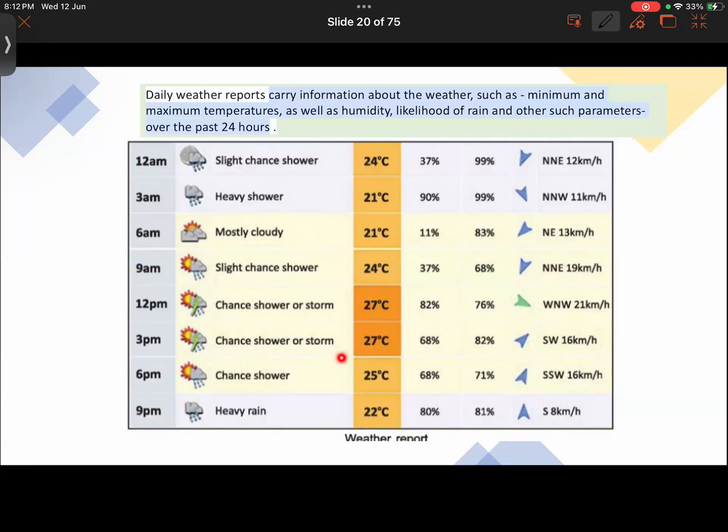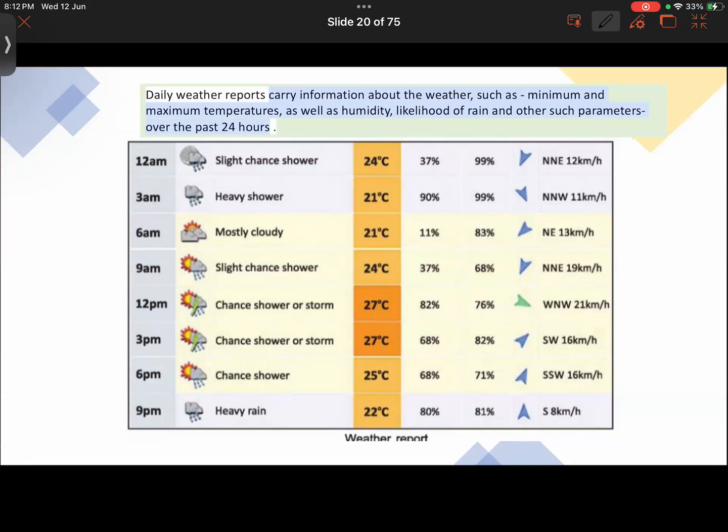All those things are displayed in a weather report.